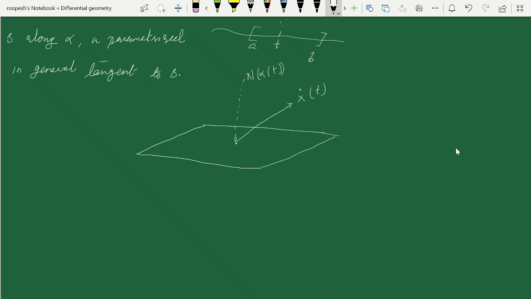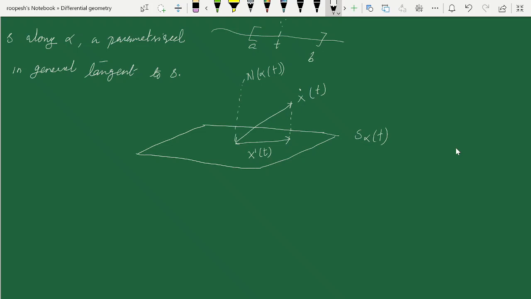So somewhere here is my alpha, and this I can take as S of alpha of t. Now if we are projecting this to the surface, you will get another vector. This vector I'm naming x dash of t, and we will say that this is the covariant derivative.